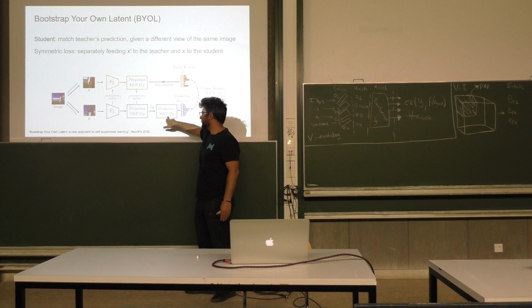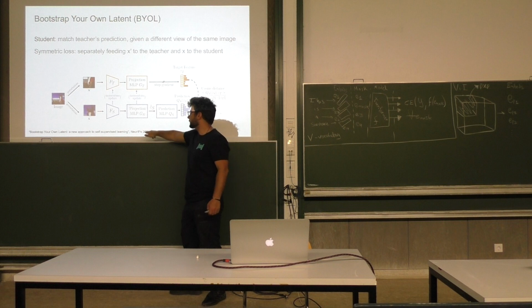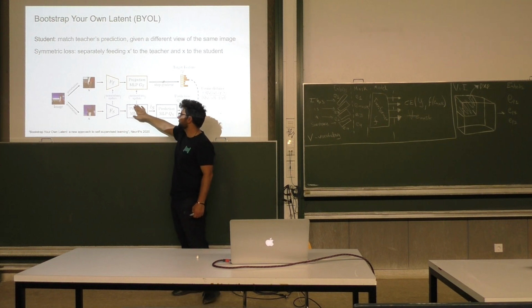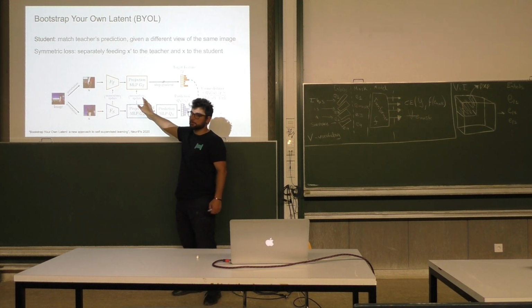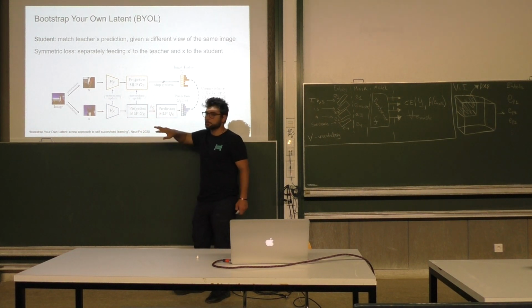The same for this MLP, and there are contradictory opinions as to whether this is necessary or not. In the initial work, published at NeurIPS, they say that this is also the third component that doesn't let the model collapse, but later some people removed this part and the model didn't collapse.